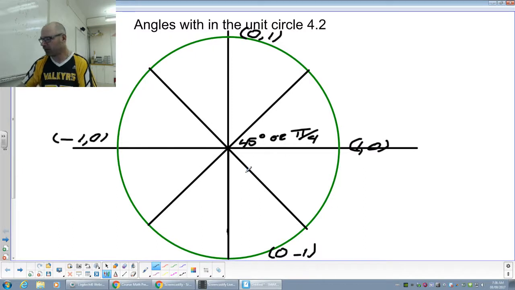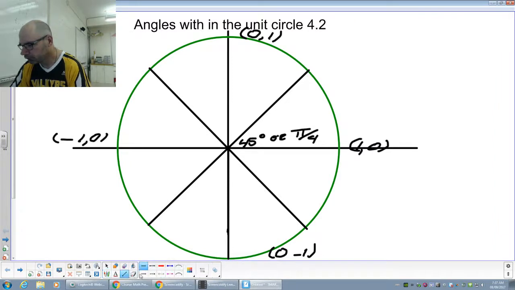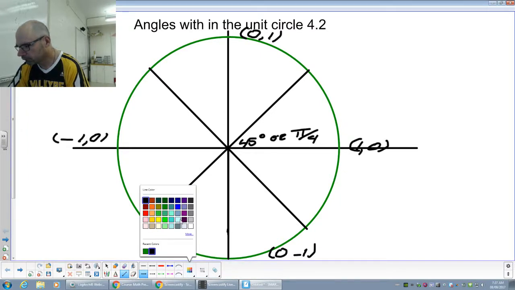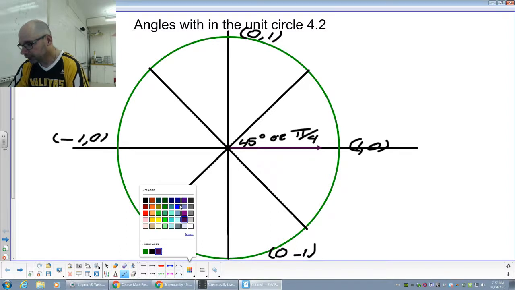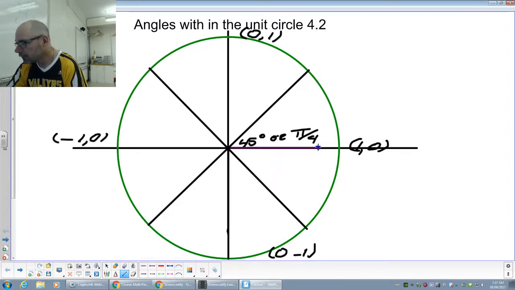Now, if we look at the projections that this has, okay, so we'll make little arrows in here. So it goes out here for our x, okay, and it goes up for our y. We'll use a different color. Okay, that's 90 degrees.